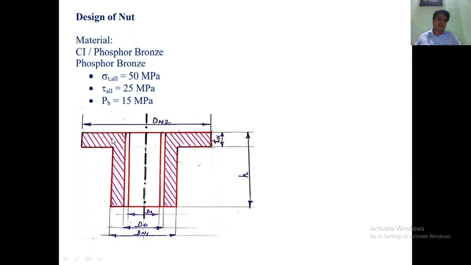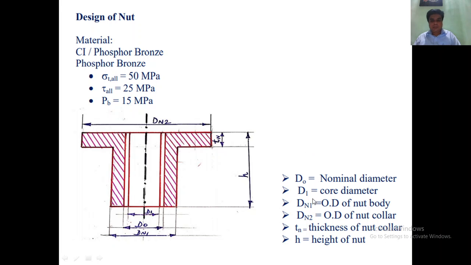So this is the nut. This is the height of the nut, H, and these are the diameters of the nut, and this is the internal thread in the nut. These are all the diameters: nominal diameter D0, the inner core diameter D1, and DN1 is the outer diameter of the nut body.